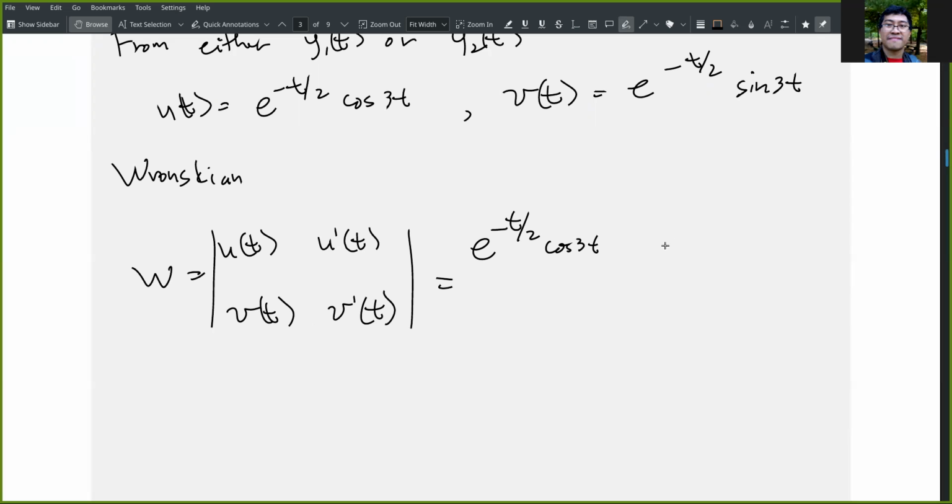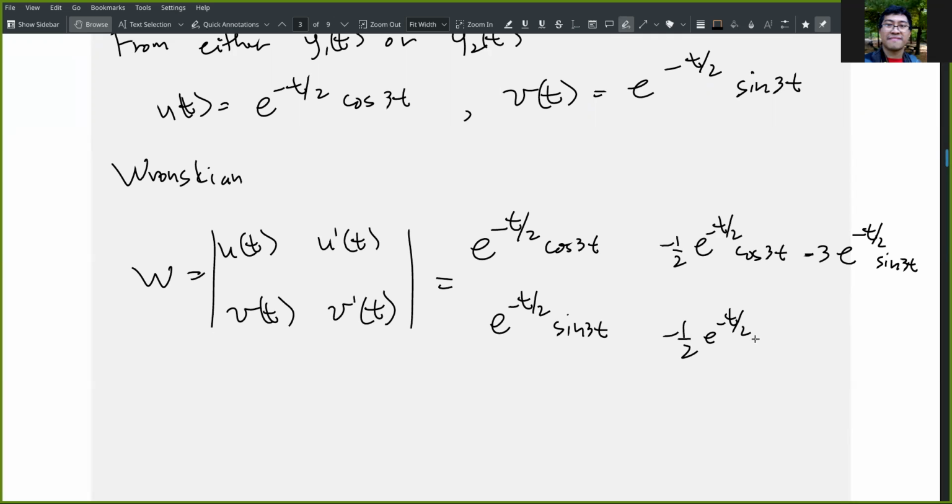The derivative is minus 1 half e to the minus t over 2 cosine 3t minus, since the derivative of cosine 3t is negative sine 3t, 3 e to the minus t over 2 sine 3t. v(t) is e to the minus t over 2 sine of 3t, and its derivative is minus 1 half e to the minus t over 2 sine of 3t plus 3 e to the minus t over 2 cosine of 3t.